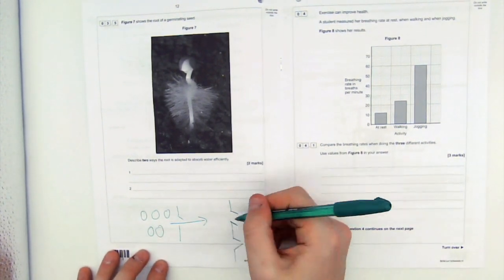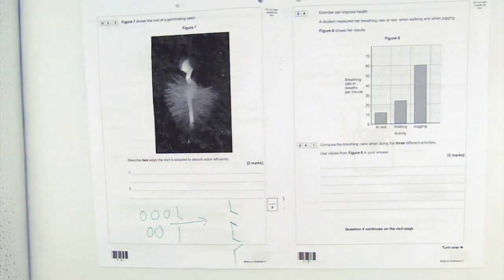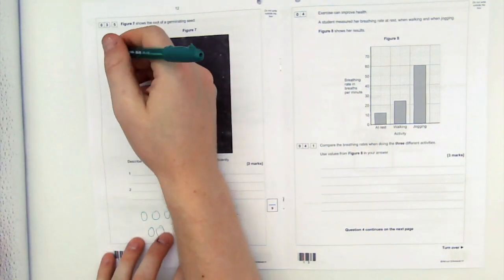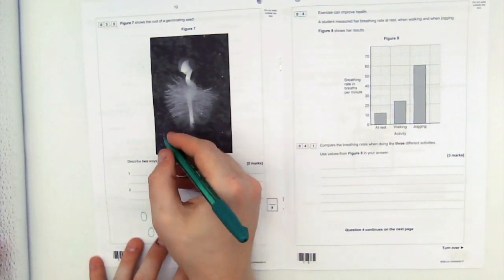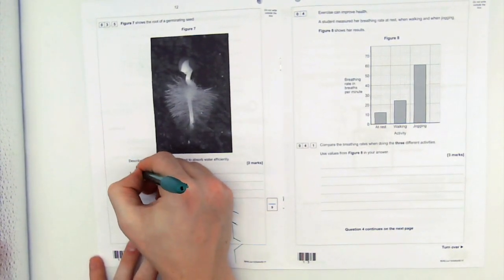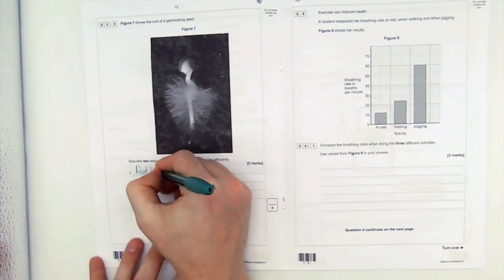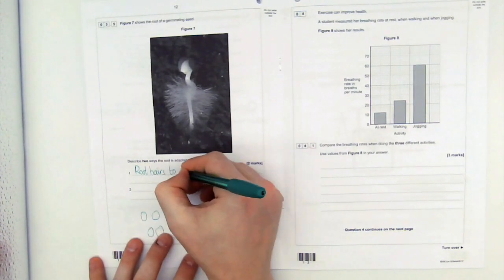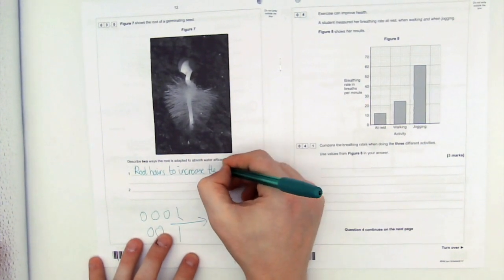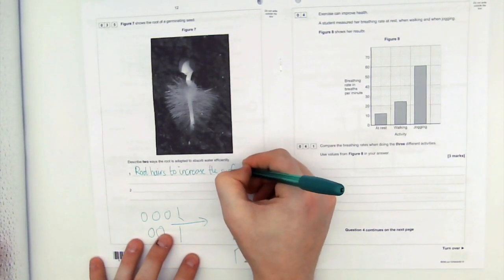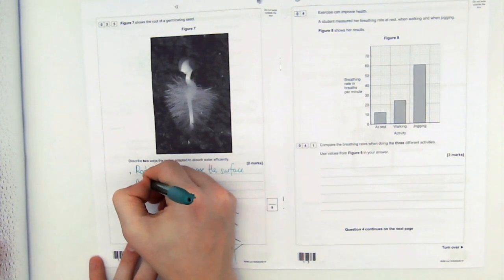If I have a higher surface area, that means I've got more places to get in. So I've got these root hairs to increase the surface area.